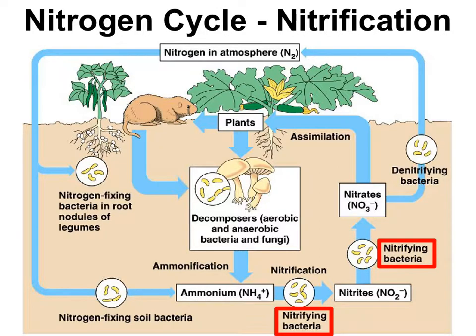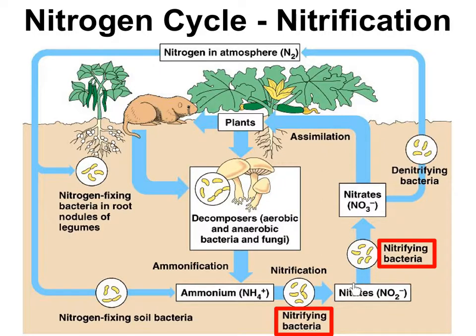Sticking with that outer cycle, the next bacteria involved are nitrifying bacteria, here and here. Nitrifying bacteria convert ammonium, NH4, into nitrates by nitrification, which involves two steps. The first step converts ammonium into nitrites, NO2.